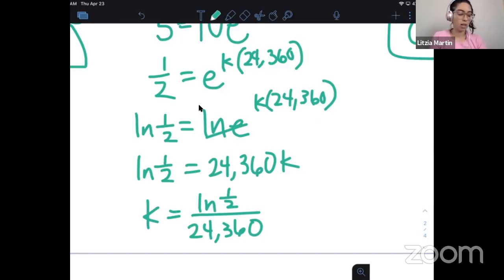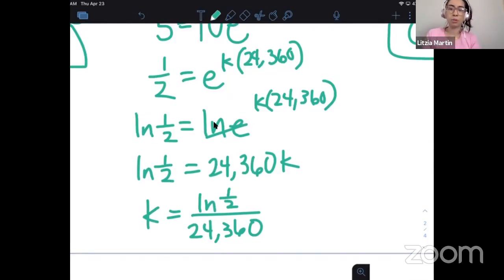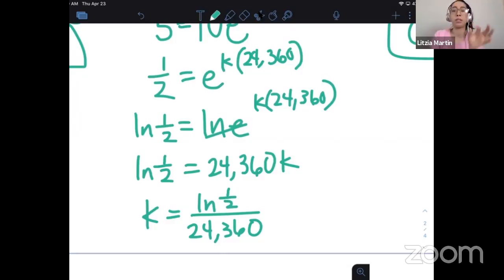From here, we can go ahead and plug it into the calculator to get a decimal value, but you can also just use this as it is and plug it into the equation. It's actually going to give you a more exact value, because when you get the decimal, you would have to round, and so then it wouldn't be an exact value. That's why we're just going to take this k and plug it right into the equation.